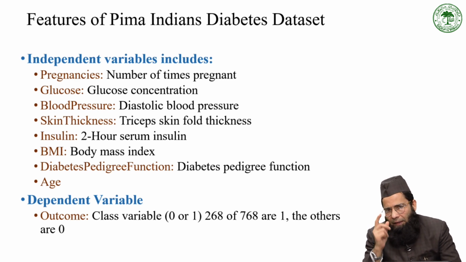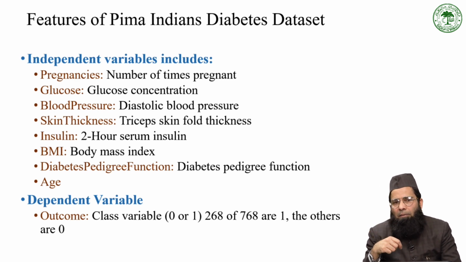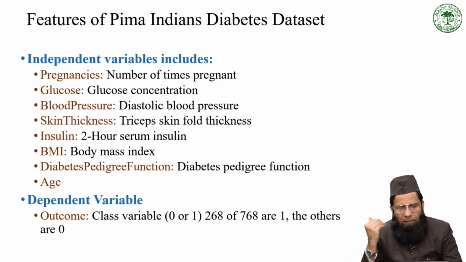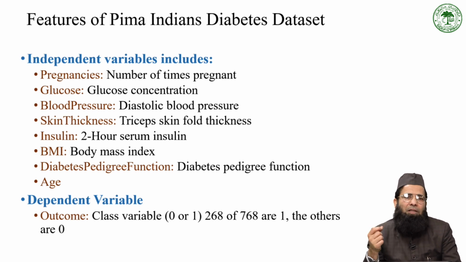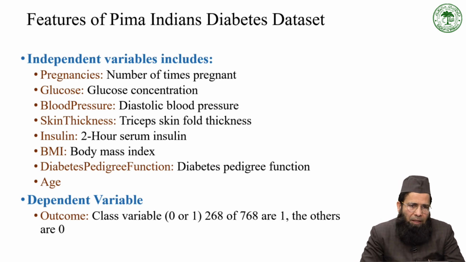It is a record of a female only, right? So that's why there is a value of pregnancies. And then glucose level, glucose concentration value, blood pressure value, then skin thickness, tricep skin fold thickness value, insulin, 2-hour serum insulin, then body mass index value, diabetes pedigree function value, and then age. So these are the independent variables.